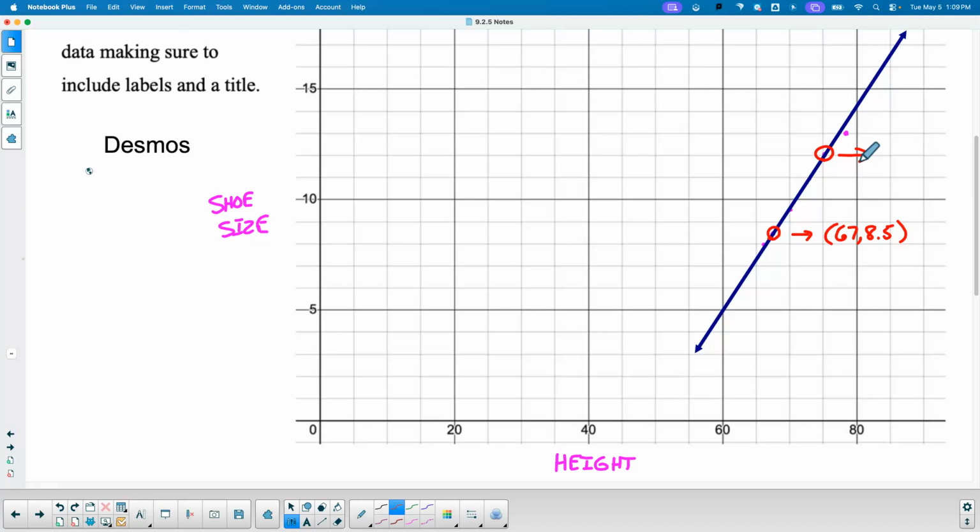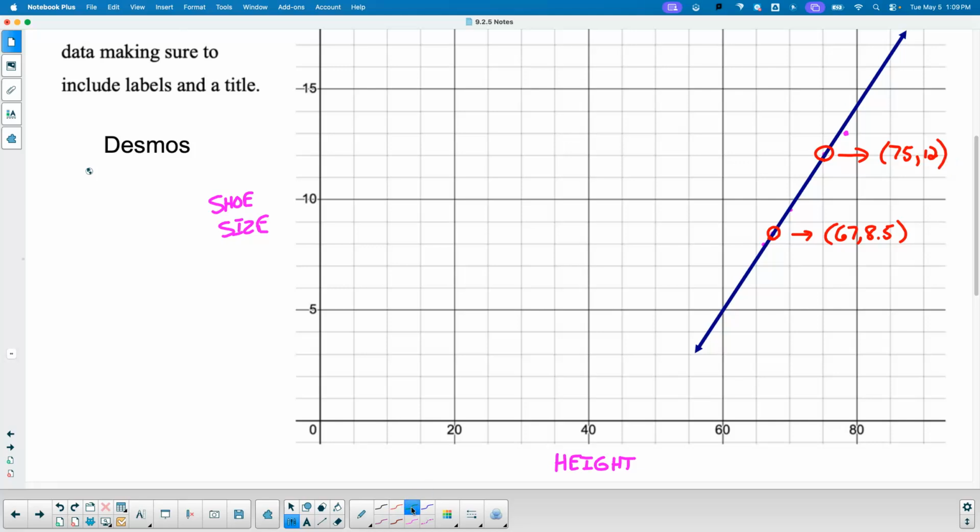75? Okay. What do I have to do first in order to find my line of best fit? Subtract the y and subtract the x, otherwise known as find the slope. Yep, exactly. Find the slope.